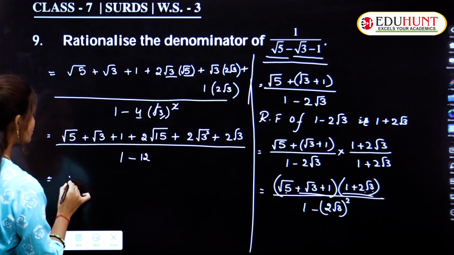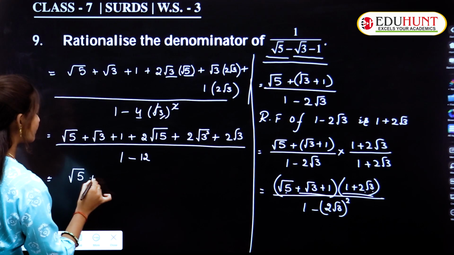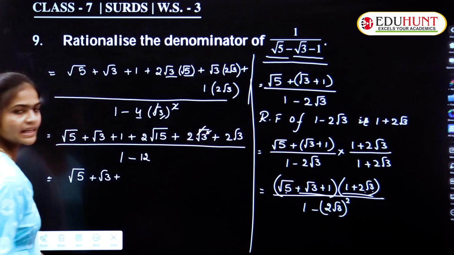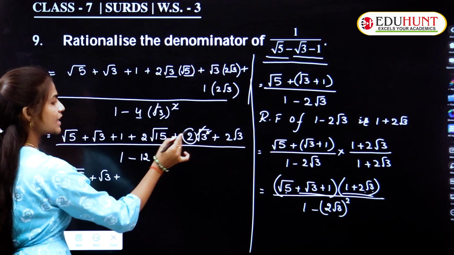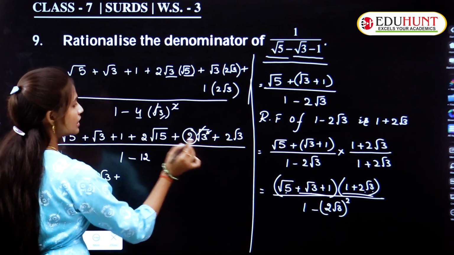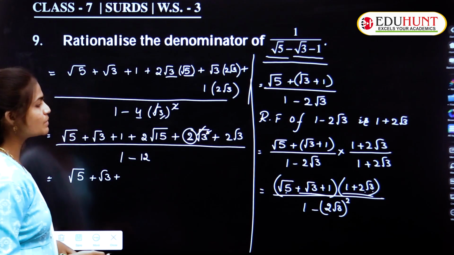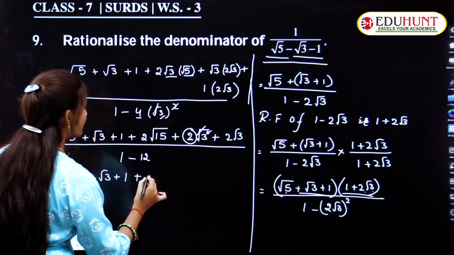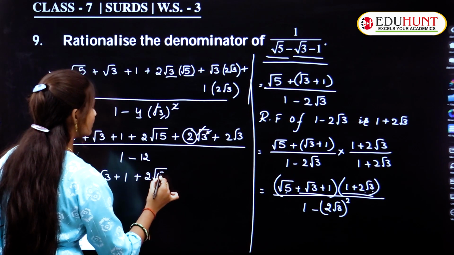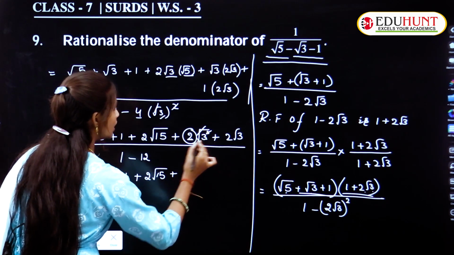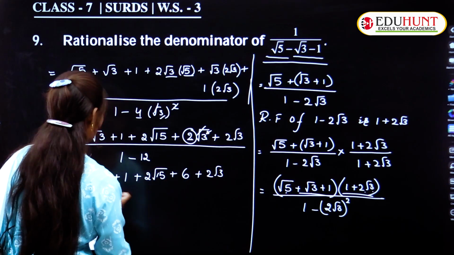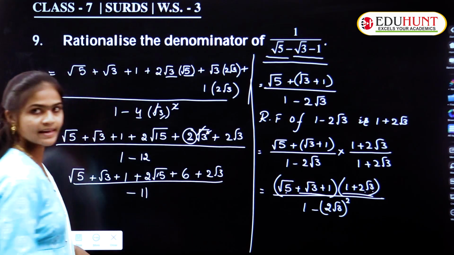So which is equals to root 5 plus root 3 plus, here square and root gets cancelled. So here the single term is 2 into 3. Okay, square and root gets cancelled means what you will get here? 2 3 is 6. So 1 plus 2 root 15 plus 2 into 3 is equals to 6 plus 2 root 3 whole by minus 11.